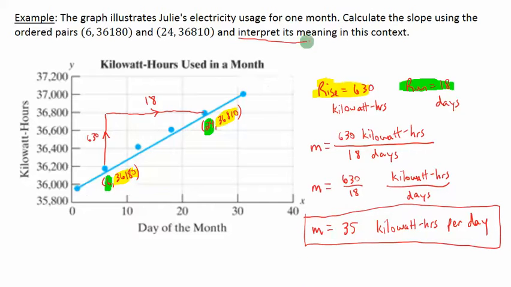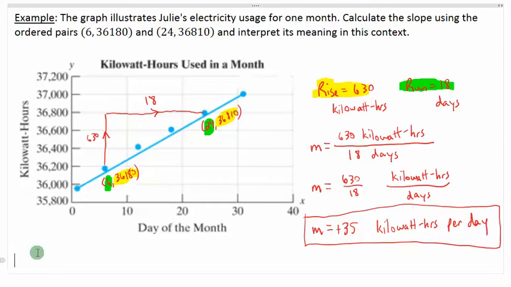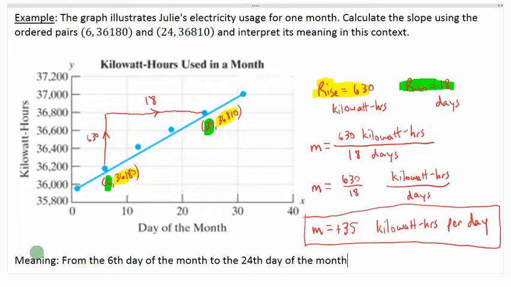But now we need to interpret the meaning of that slope. Well, this is positive 35 kilowatt hours per day. So the meaning of that slope is that from the 6th day of the month to the 24th day of the month, Julie averaged, because it's an average because we're not actually looking at all the points in between. We're just taking 2 sample points here to calculate our slope. So it's an average.